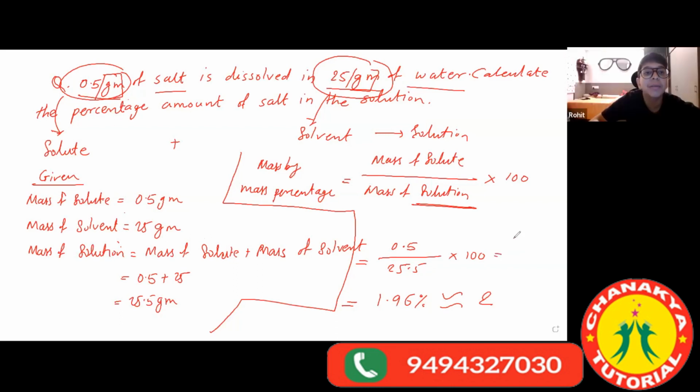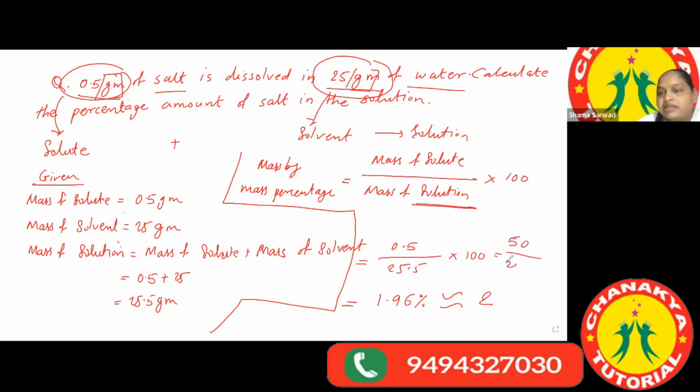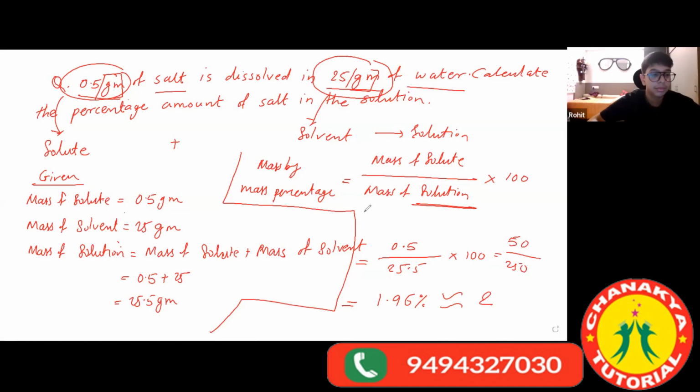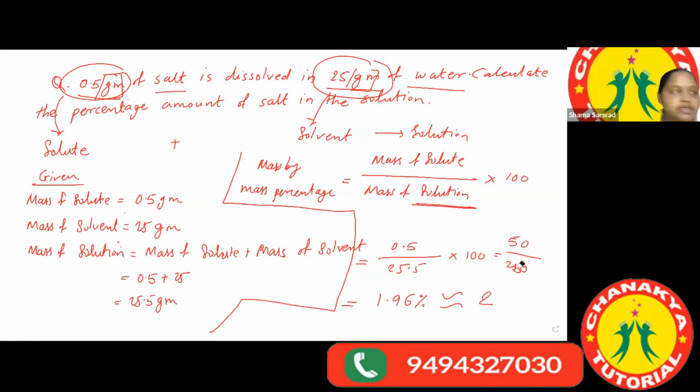Ma'am, then we can multiply both values with 10 and it will become 500 by 255. Correct? Yes or no? Correct, ma'am. So I have to write it here in this manner. Very good.